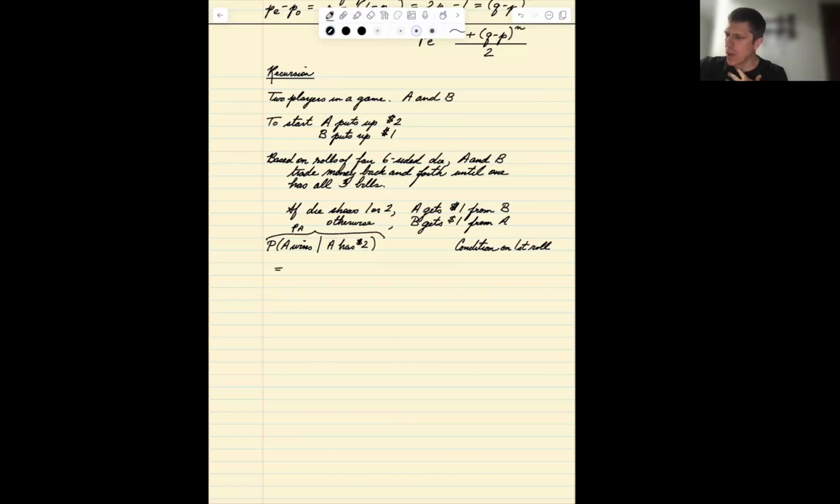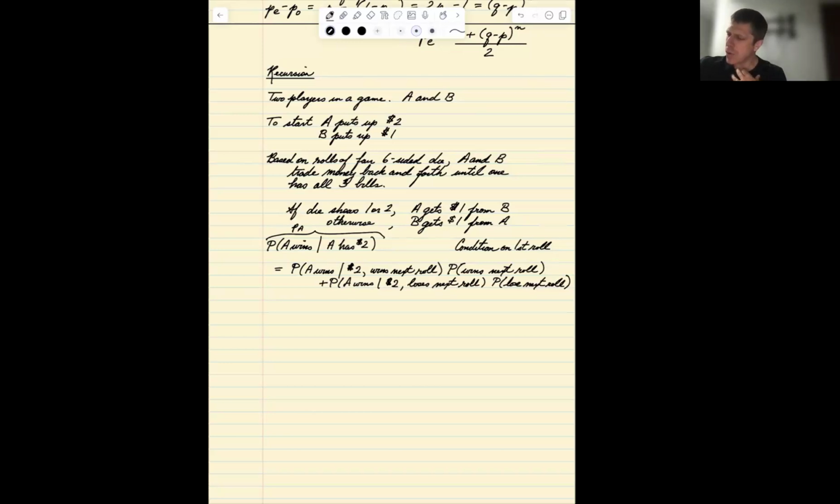So the probability that A wins given $2 is the probability that A wins given $2 and wins the next roll, times the probability of winning the next roll, plus the probability that A wins given $2 and loses the next roll, times the probability of losing the next roll. All right, a lot of words here, but hopefully you get the idea.